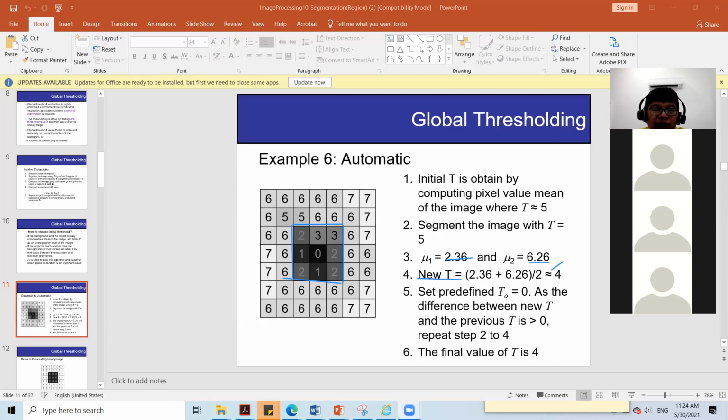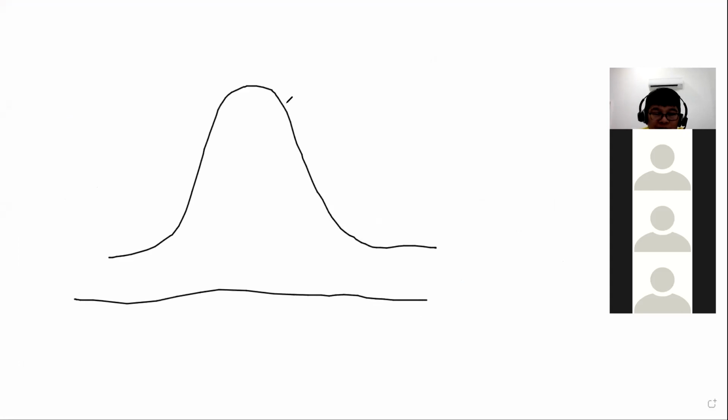Let me go to the drawing board. In statistics, we learn this one is the mean, right? Your variance is this one, right?